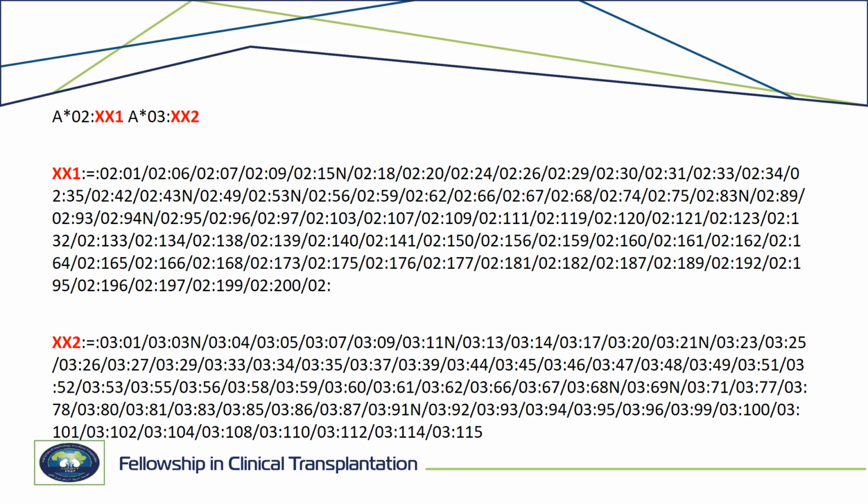So this is the actual report that comes from the Luminex, and I would like to highlight some important points here. For example, this is a case of HLA typing for the gene A, and on the top of the screen you can see that the typing is A02, then XX1, and the other allele is A03, then XX2.